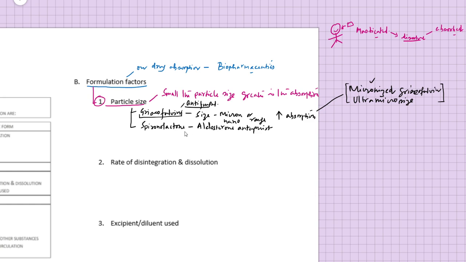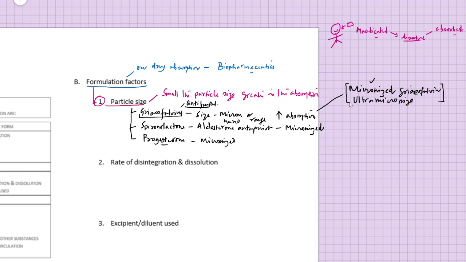So spironolactone is kind of a diuretic drug, and that's again micronized. Any other drug that comes to mind? Yes, there is another one, progesterone. So the female hormone, this is also micronized.